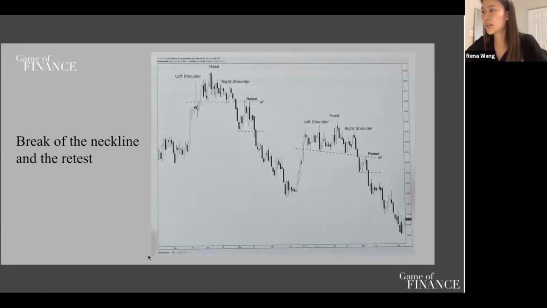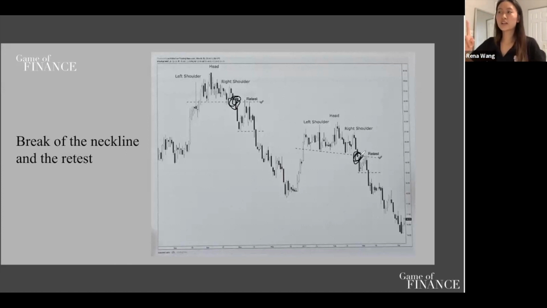For example, what I just explained is basically right here, right? Traders will enter at this point because it's a complete formation of head and shoulders, or right here. So the stronger the break, the more impulsive the waves that break through the neckline, and the higher the probability that it will continue the downward trend.